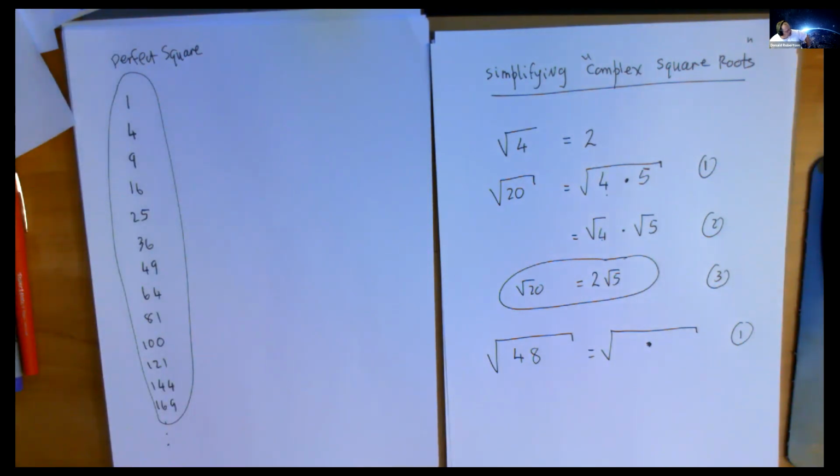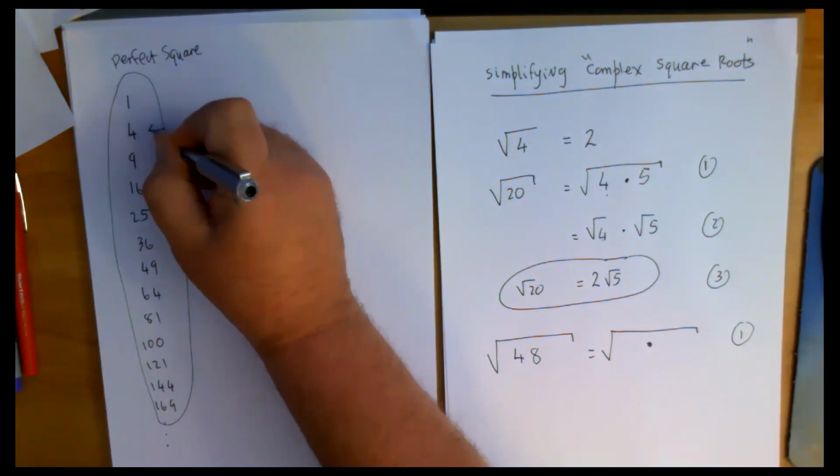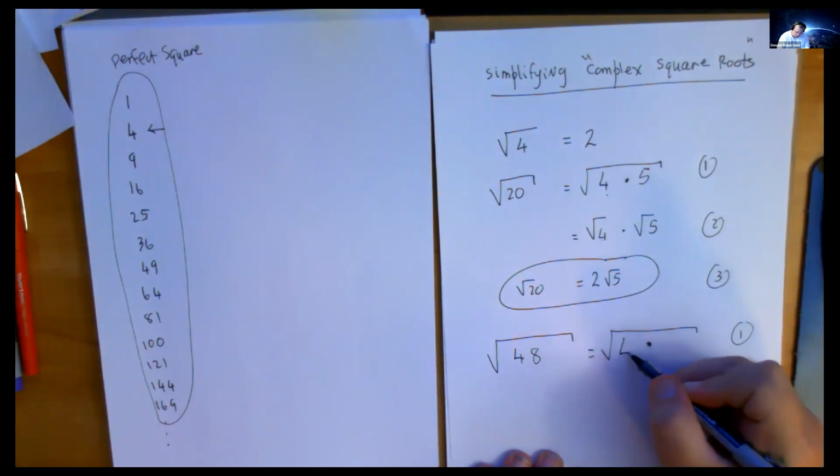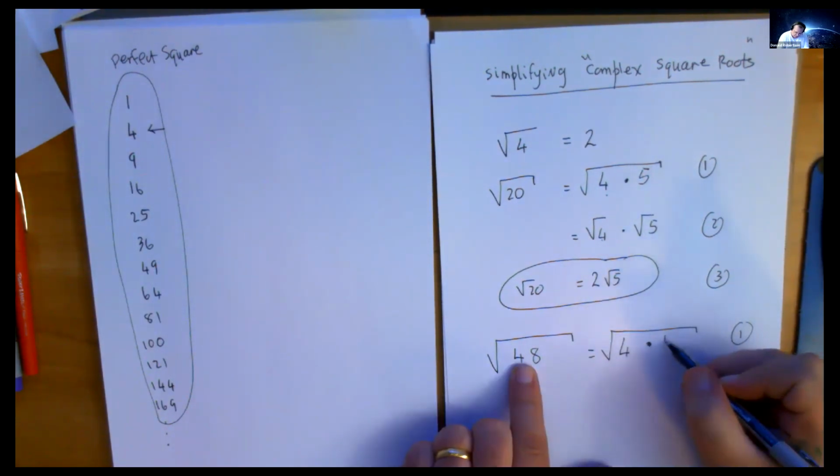Any candidates? Any numbers that you can see that would work with 48? I can see two choices. 4. Great. And if I did 4, it would be 4 times 12.